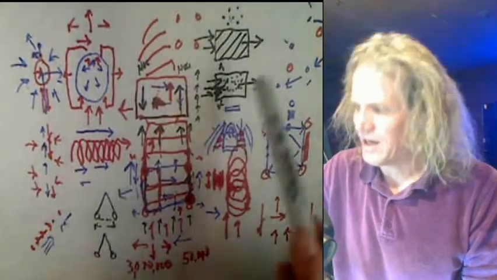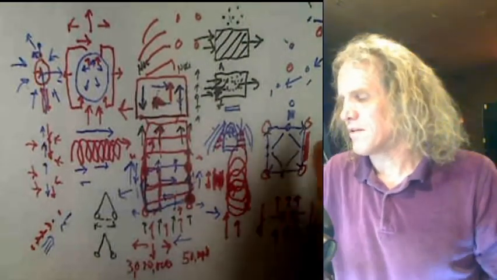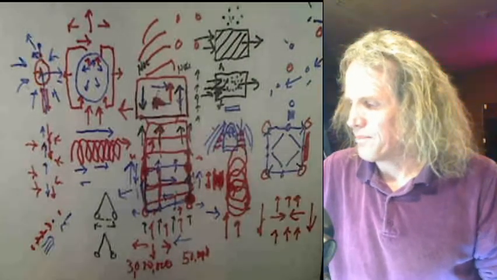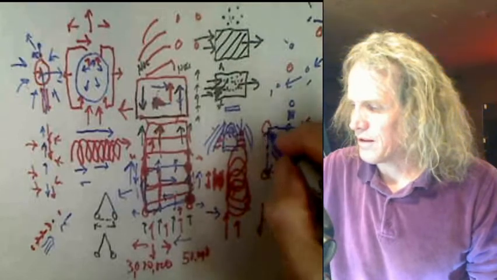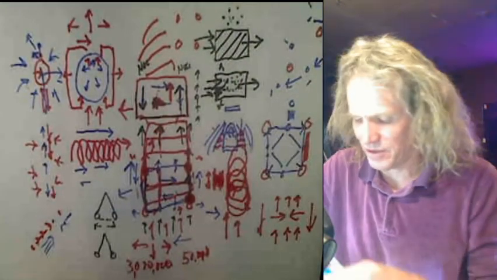So the change is constantly felt because of the force imbalance. The fact that there's more going this way, more pressure, so these protons end up going further apart from each other.